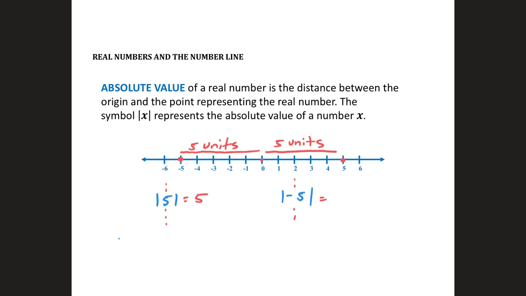So -5 is 5 units from 0. So the absolute value of -5 is 5. So when we're looking at these absolute value bars, what we're asking ourselves is, what is the distance from 0?